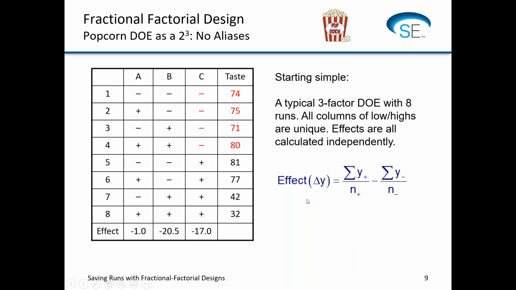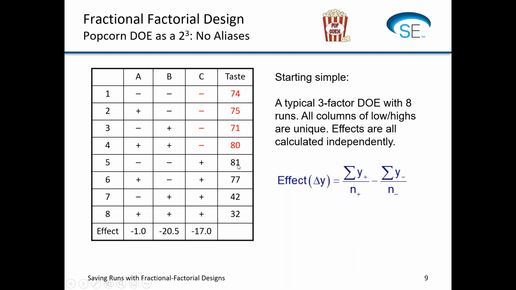When we calculate the effect of a factor, the effect of a term, what we do is we find all the runs where that term is positive. So let's use factor C, it's easy to look at. We have the 4 runs where factor C is positive. We look at the results for those 4 runs. So here are the 4 results, 81, 77, 42, 32.